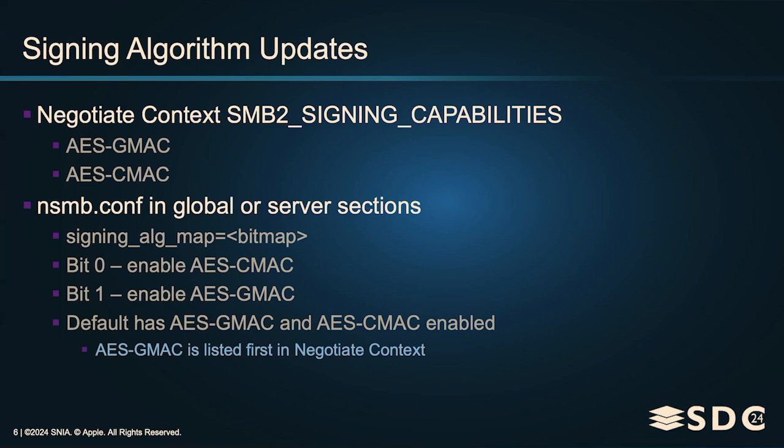By default, we have both of these enabled with GMAC listed first. The old HMAC SHA-256 is still supported in, was it SMB2 protocol? So if you don't support these two, we will fall back to the old one.